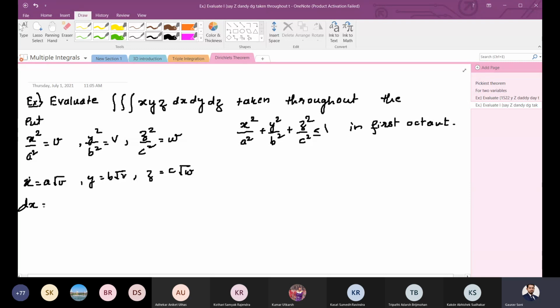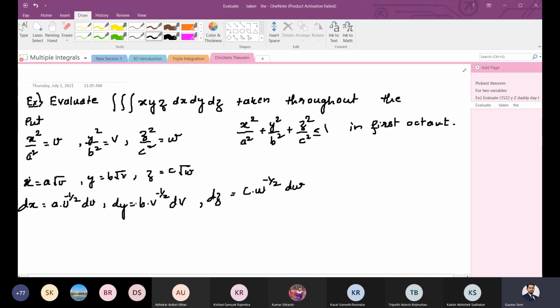So dx is equal to, derivative of root x is 1 upon 2 root x, so that will be a into u raised to minus 1 by 2 du. dy is equal to b into v raised to minus 1 by 2 dv, and dz is equal to c into w raised to minus 1 by 2 dw, divided by 2 for each and every one: a by 2, b by 2, c by 2.